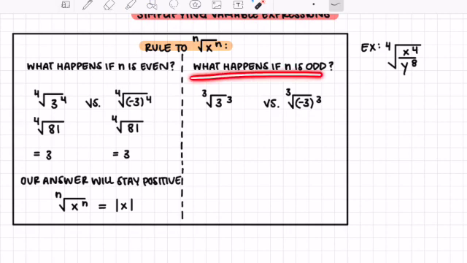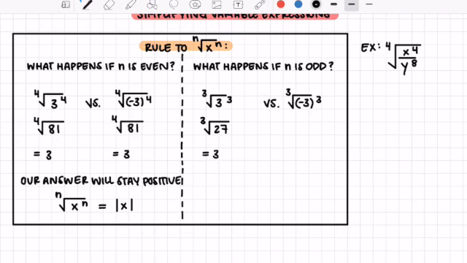Now, what happens if n is odd? If n is odd, let's try it out. So let's say that your n, or your index, is 3, which also means that your exponent on the inside is 3. So if I were to solve this, I get here cubic root of positive 27, and this equals positive 3.